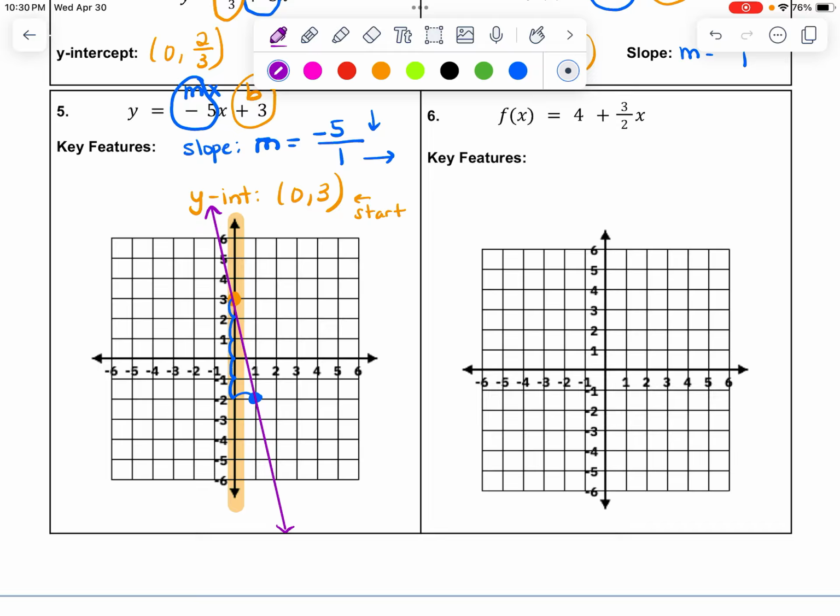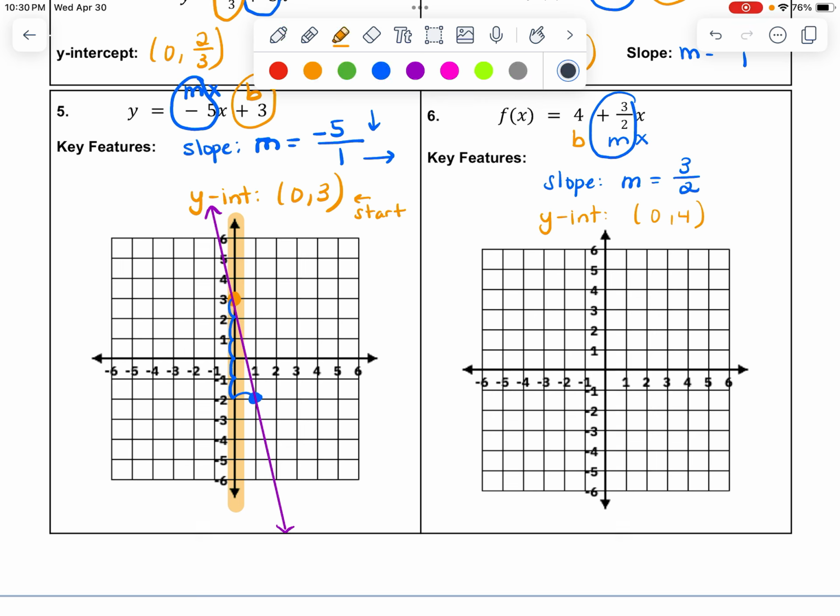For problem number 6, I'm going to line everything up. mx plus b. My m is 3 over 2. And my b, which is my y-intercept, is 0, 4.